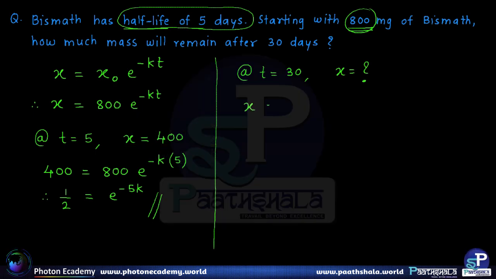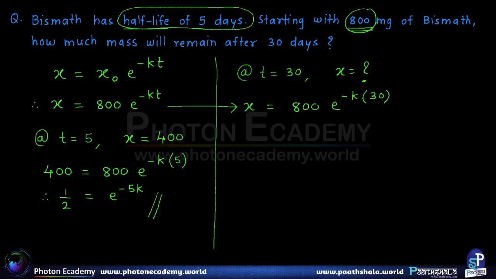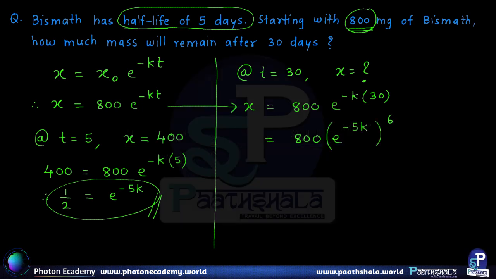So let us write the general solution, that is x is equal to 800 into e raised to minus k into, now here it's given that t is 30 days. Now see, we make use of the relation that we already got. Let us adjust e raised to minus 5k somewhere so that we can substitute. So we have minus 30k, that can be clearly written as e raised to minus 5k whole raised to 6.